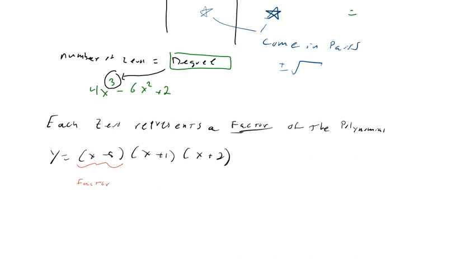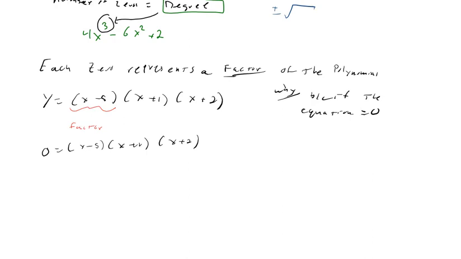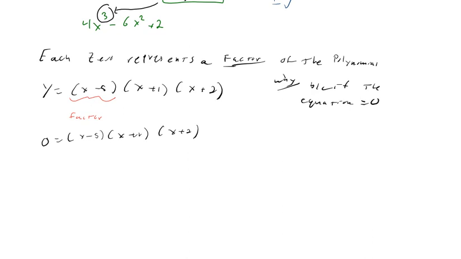And the reason why, you can imagine, is because if the equation equals 0, if we have 0 equals (x minus 5)(x plus 1)(x plus 2), if we make this whole multiplication problem equal to 0, then we have something called the zero product property.